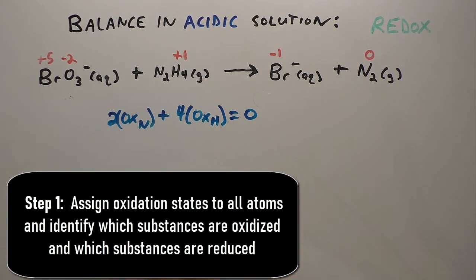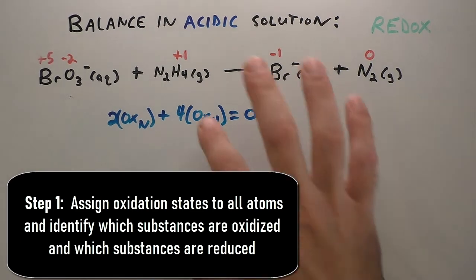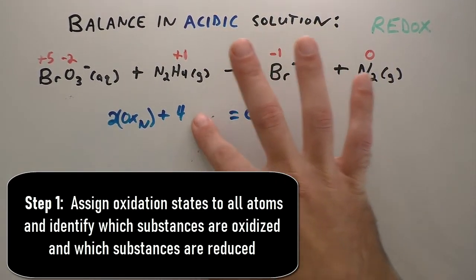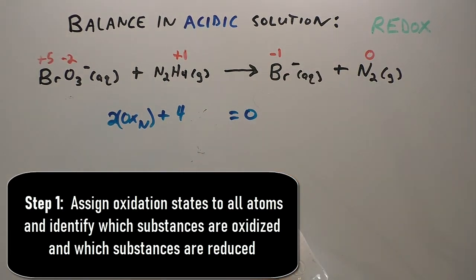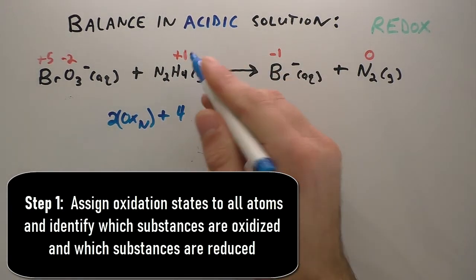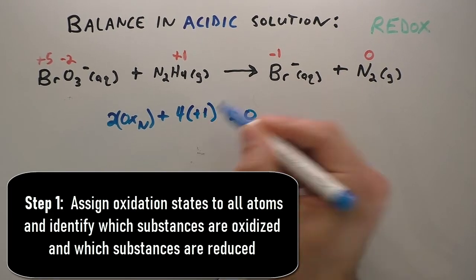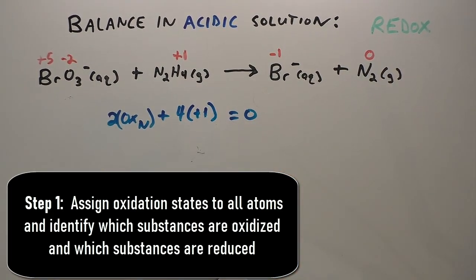So if we plug that into this equation, it's going to be 4 times the oxidation state of hydrogen, which is +1. So we know that twice the oxidation state of nitrogen plus 4 is equal to 0.